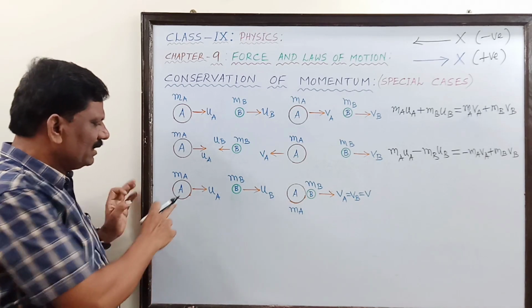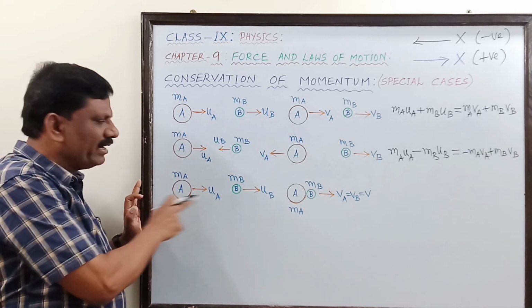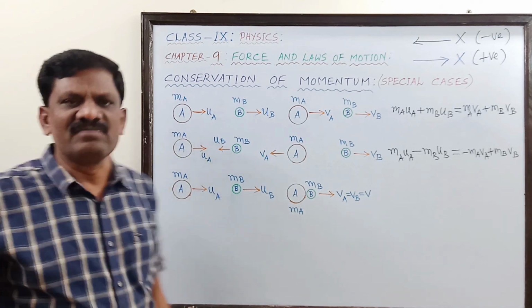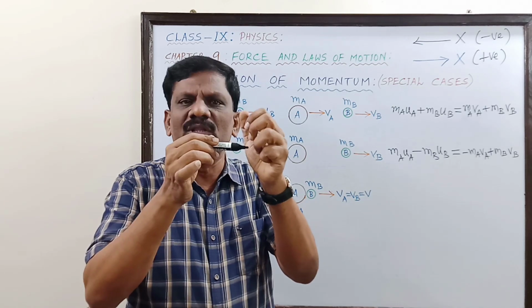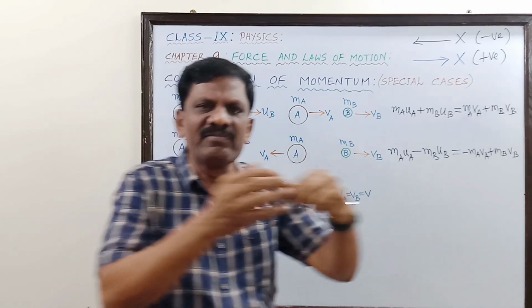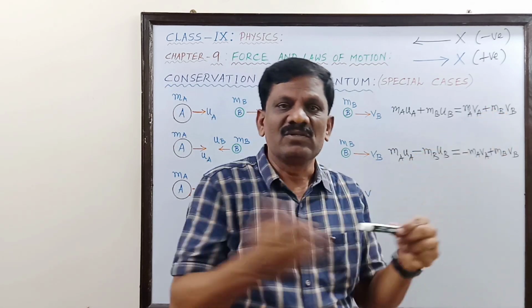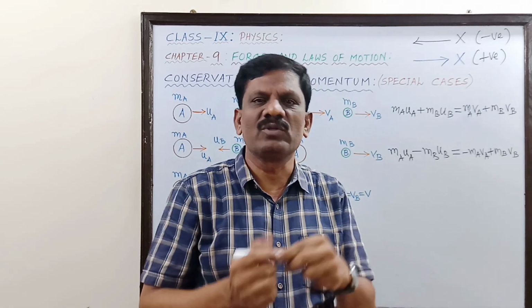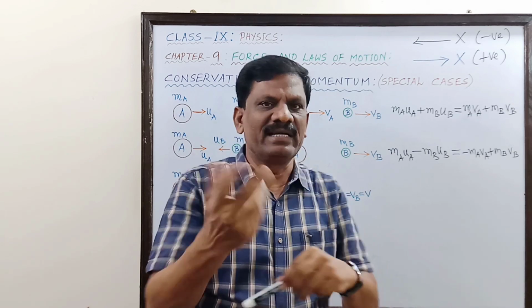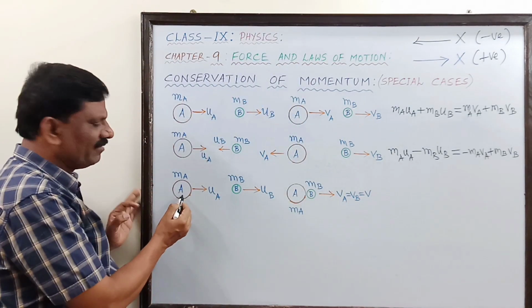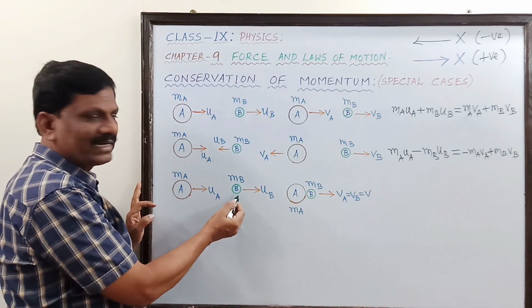For example, a bullet is fired at a wooden block. When a bullet is fired at a wooden block, what may happen? The bullet may get embedded into the wood and both of them may go together, so that the bullet is inside the wood. So A and B form a composite body. Assume A is the first body and B is the second body.